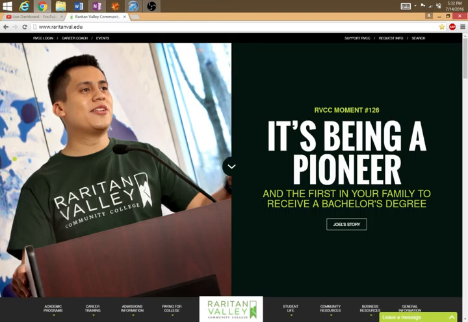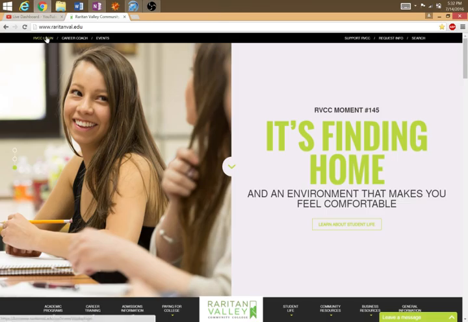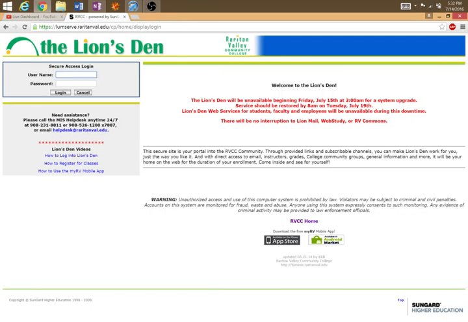Eventually, I think they are going to have the email shortcut there as well. So when you log in here, there is a link for email, which you have to log in to again with the same credentials. So G number and RV password, you can change RV password into anything. You type them here, and that brings you in. Once you're in, you click on email, and you log in with the same stuff.